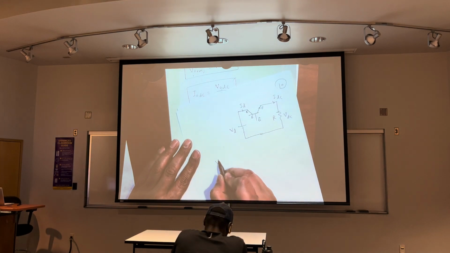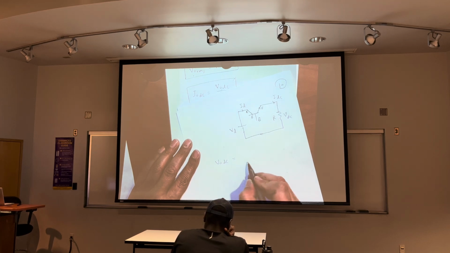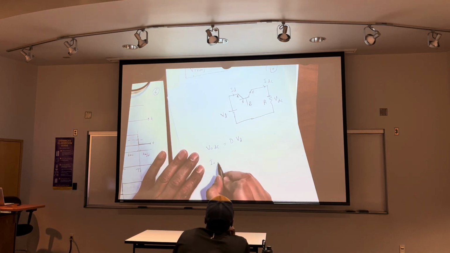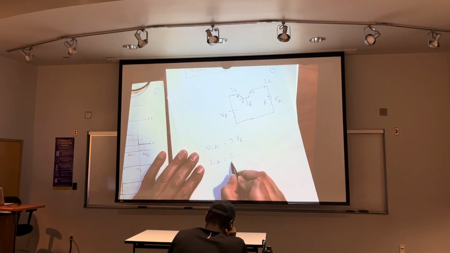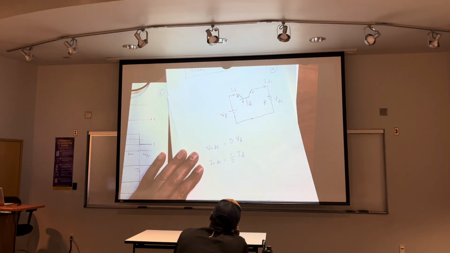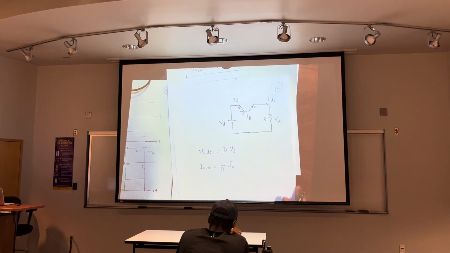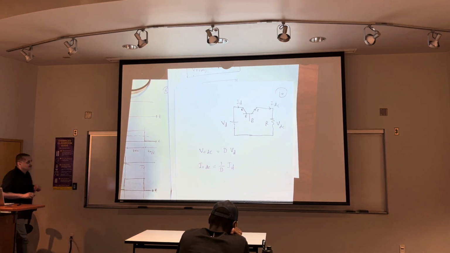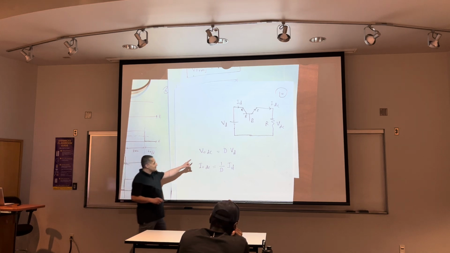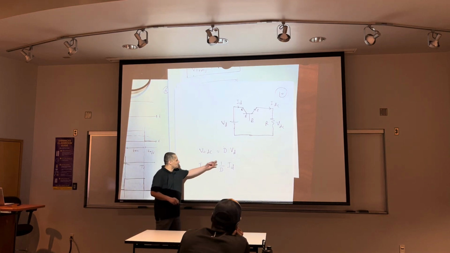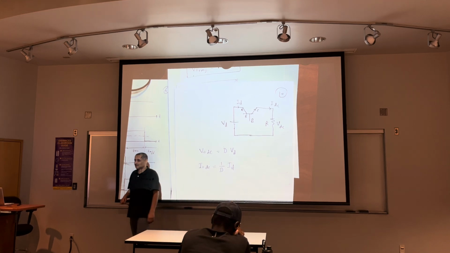We say V out DC equals dVD, right? Now I out DC equals 1 over d times ID. V out DC equals dVD, while I out DC equals 1 over d times ID.